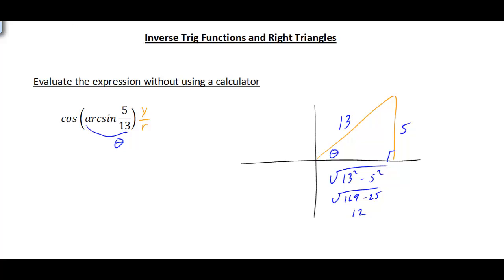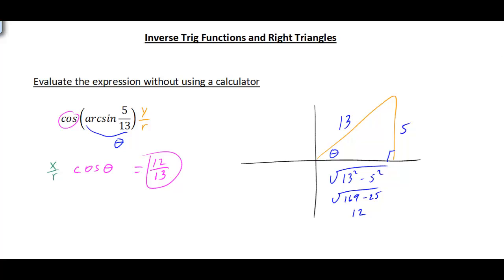Now we simply want to find the cosine of theta. We know the cosine is x over r. So therefore we're going to end up with 12 over 13.